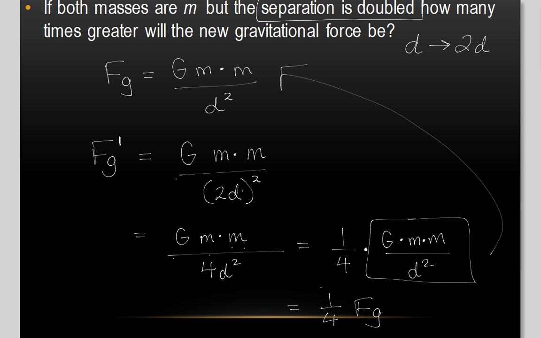Alright, so here's the conclusion. The new force of gravity, Fg prime, after doubling the distance between the objects, is going to be 1/4 the size of the original force. And we can summarize that here.